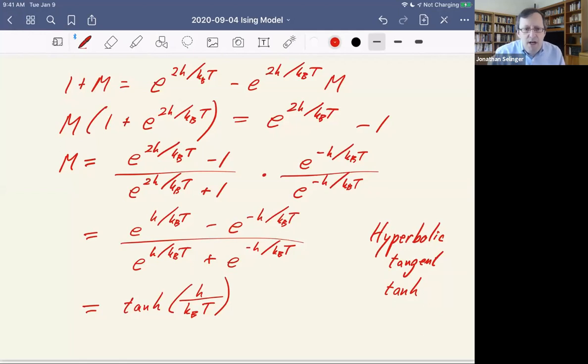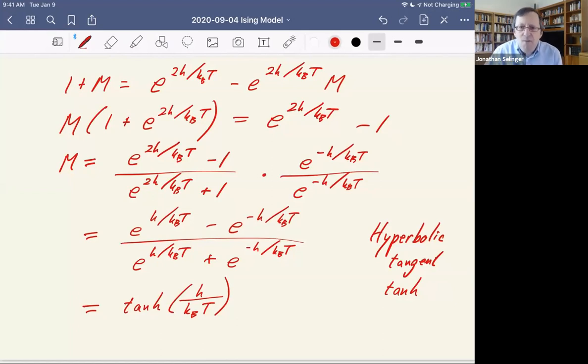Now, we might want to know, what does this look like if we make a plot of it? Okay, so I can do that on the computer in just a moment, but before doing it on the computer, let's just see what we can tell just by looking at it, because that's good practice, right?